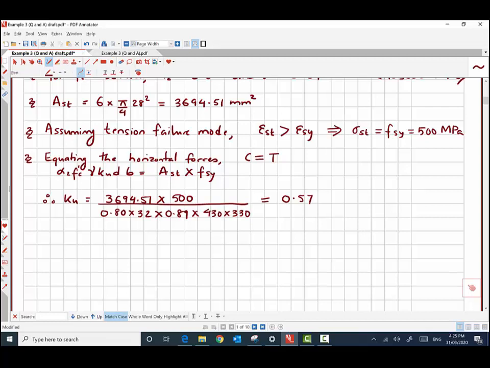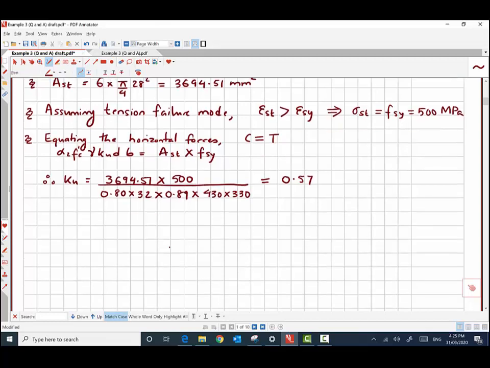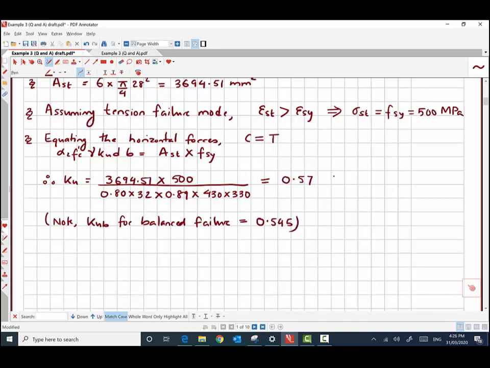Right from the Ku itself, we can see that Ku is greater than the balance failure Ku. Note here that Kub for balance failure, as we computed in the lecture, is 0.545. So this Ku is greater than Kub.